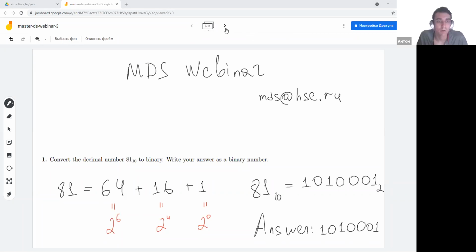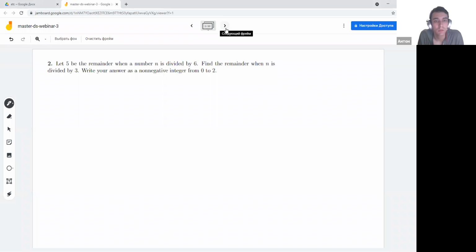So our next problem is problem number 2, and it says that there is some number n which, when divided by 6, has a remainder equal to 5. So we know that n is 6 times something plus 5. Then 5 is the remainder of n when divided by 6.